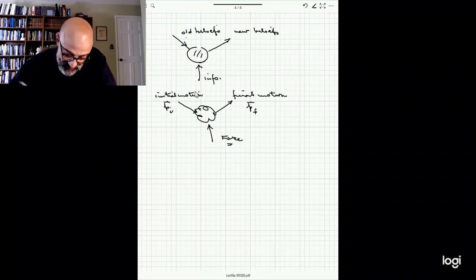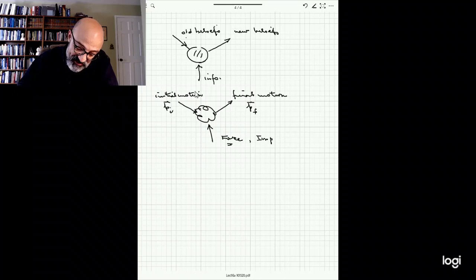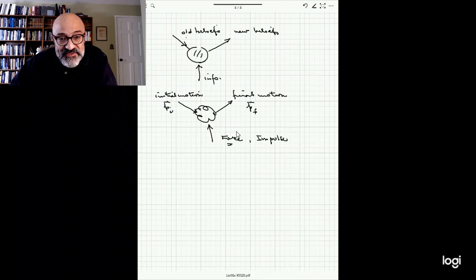In fact, Newton called it force, but he was really talking about impulse. Then the concept got refined into force being the rate of change of momentum. But this is how we define what forces are.